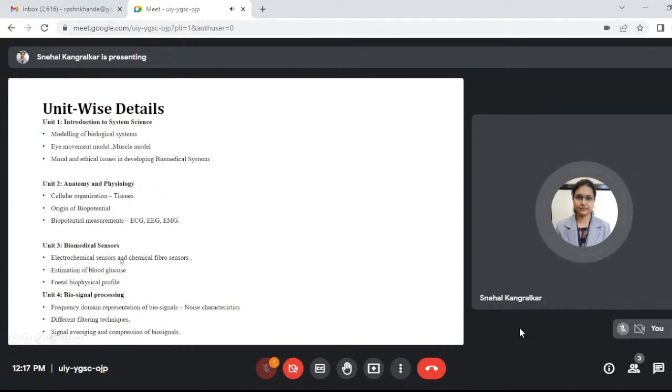Coming to unit 3, we have special sensors called biomedical sensors. These are discussed in unit 3. One of the sensors which I have not mentioned here is the ISFET. We have the FET, field effect transistor, as an electronic device. So how can we use that device to sense a physiological signal?